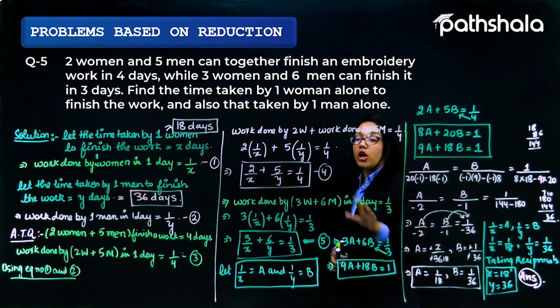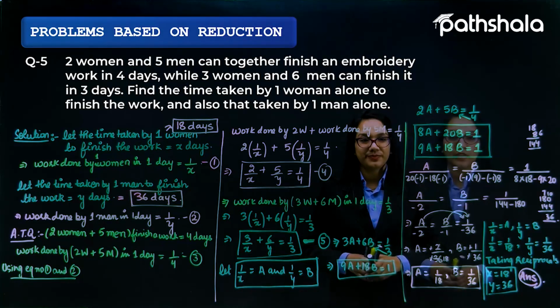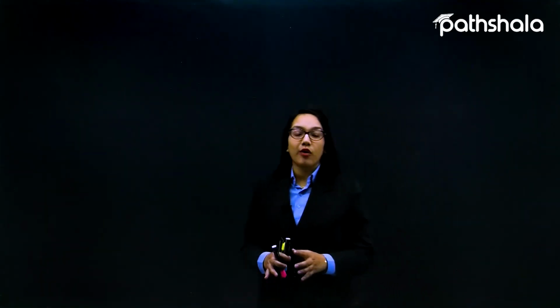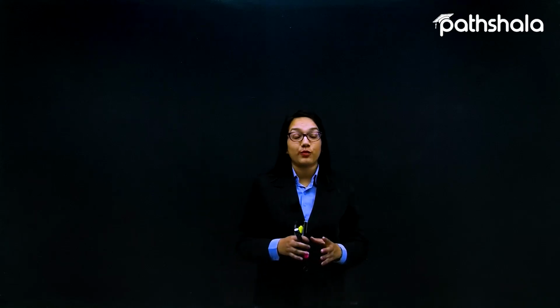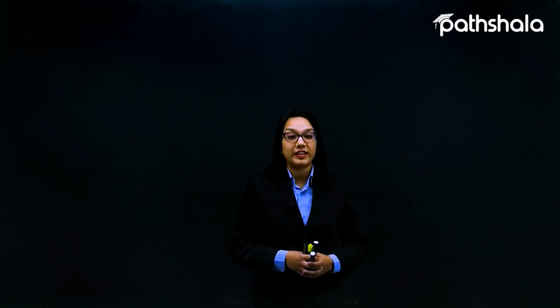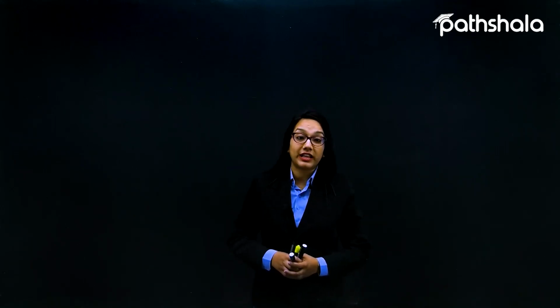I hope all the steps related to this particular question are clear to you. So this is all about our chapter, pair of linear equations, in which we have studied the introduction of the pair of linear equations and how we can solve them using two types of methods, that is the graphical method and the algebraic method.